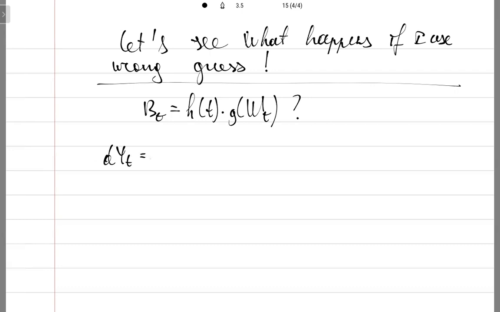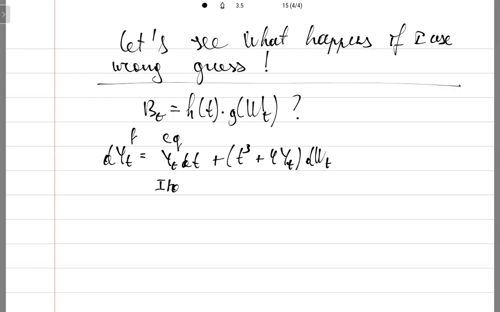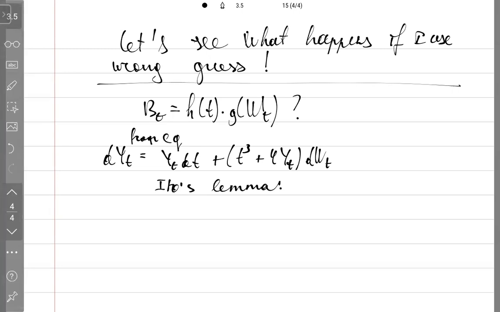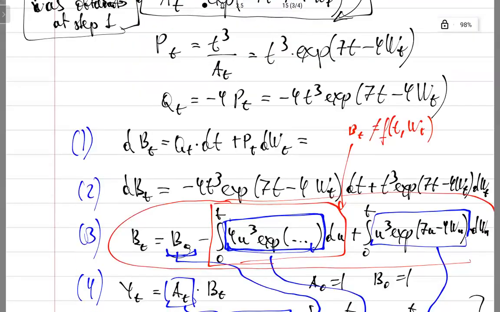We should have, from the equation, Yt dt plus t cube plus 4Yt dWt, and from Ito's lemma, we have that it is equal to, I don't remember.